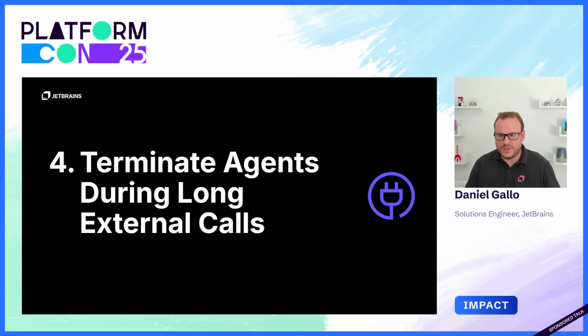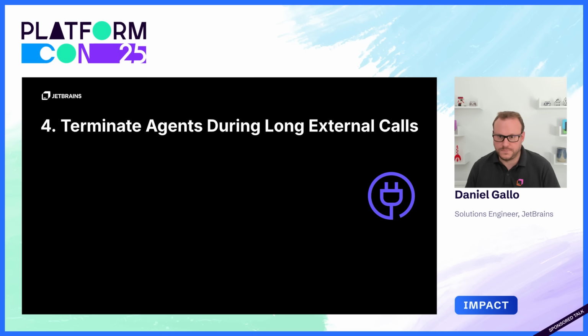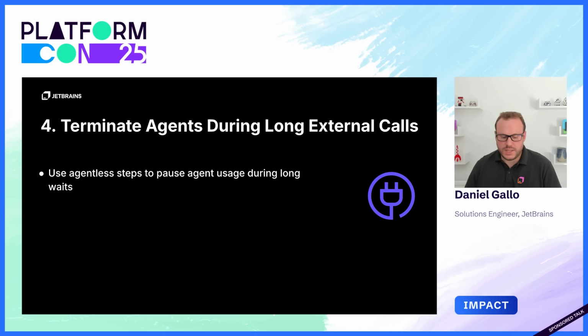Point number 4 is terminating agents during long external calls. Now, this isn't necessarily possible in every cloud CI solution, but if you are calling an external service that runs for a long time from your job, traditionally your agent would just be sat there waiting for that service to complete or call back.